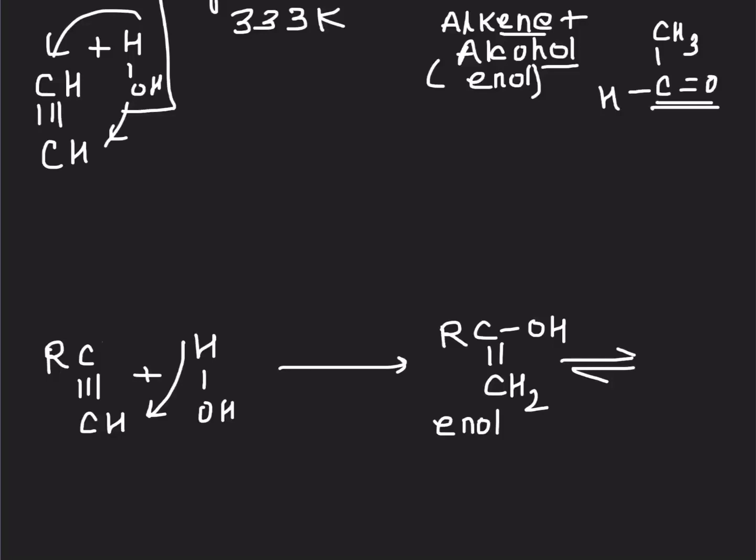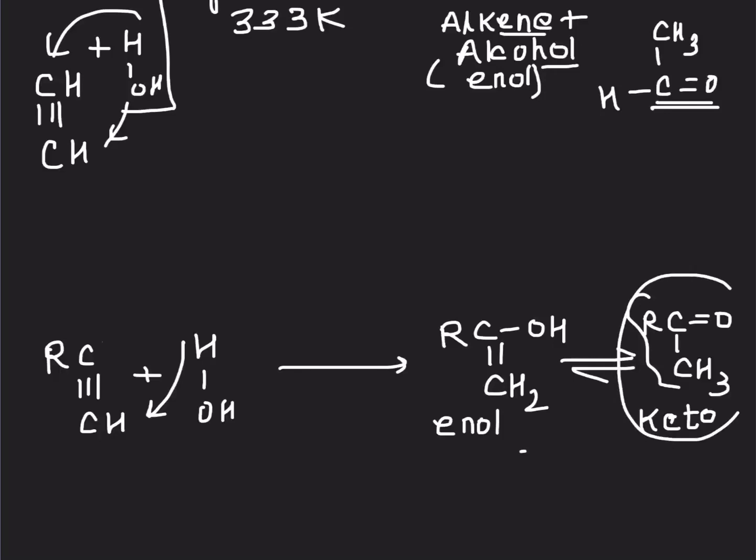Again, shift of the hydrogen, and what do we get over here is R C double bond O CH3. What compound is this? Keto. That is why this was called keto-enol tautomerism. So obviously this one is a more stable product compared to the enol. Why? Find out the reason. There should be some food for thought for you as well.